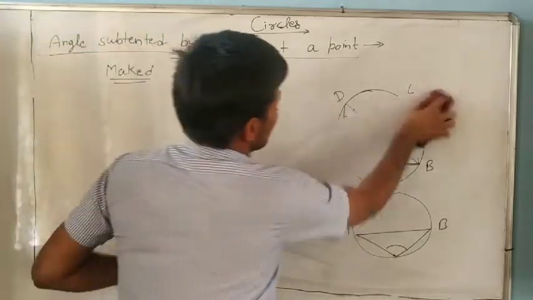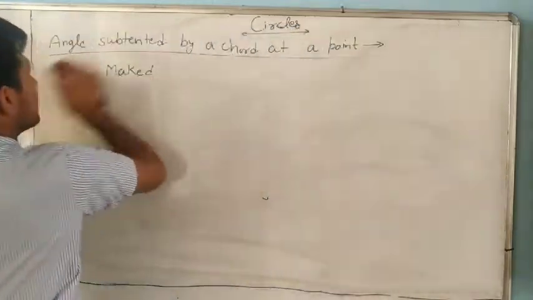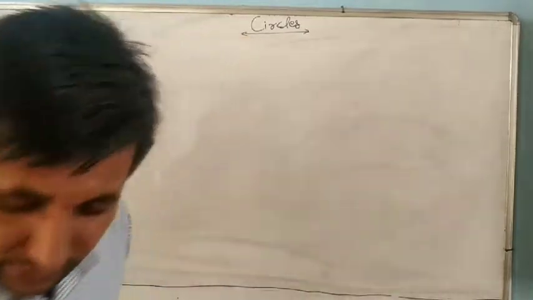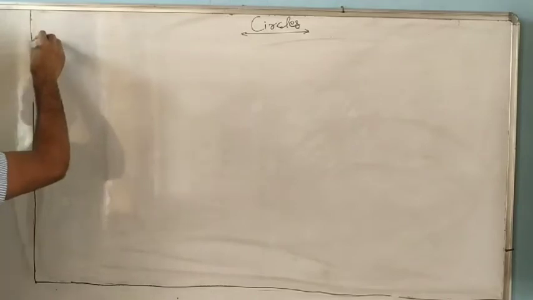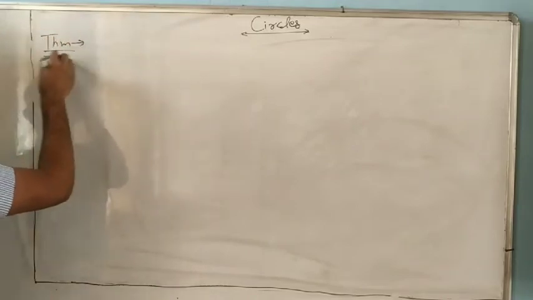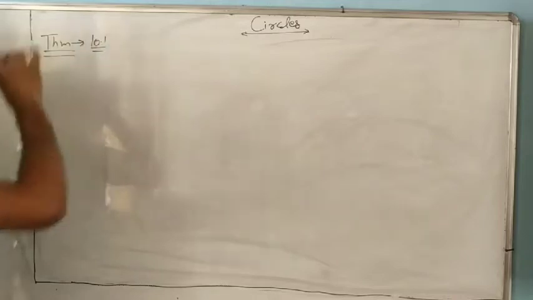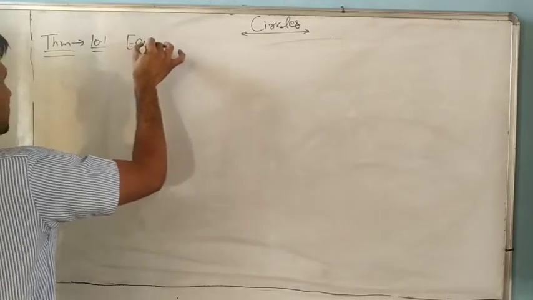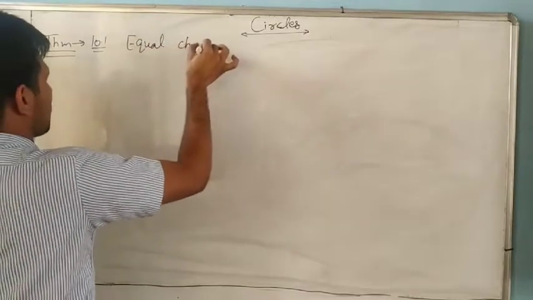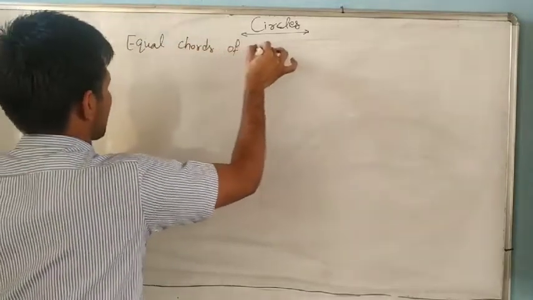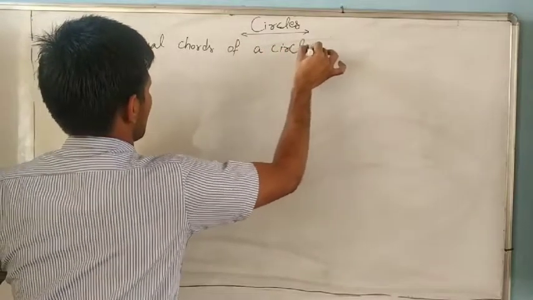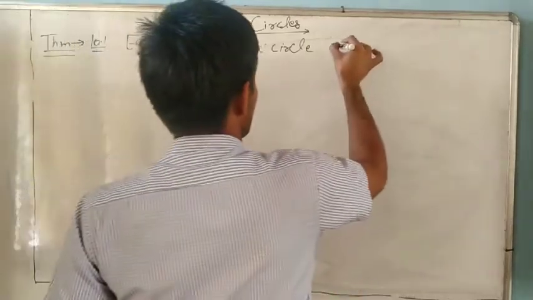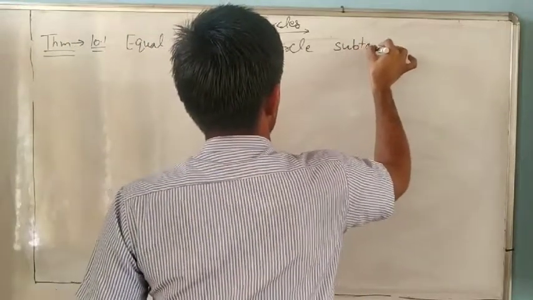Okay, so now we will learn theorem 10.1. Very important. It is 10.1. So read first, and write: equal chords of a circle subtend equal angles.